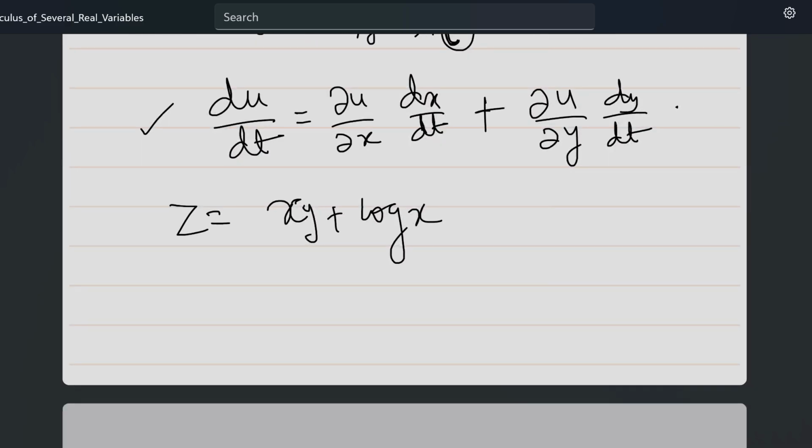So how do you find del z del x? Either by directly differentiating, or you have to find it using this chain rule. If you are able to find z explicitly in any relation, then you directly find. Otherwise, you have to use chain rule.